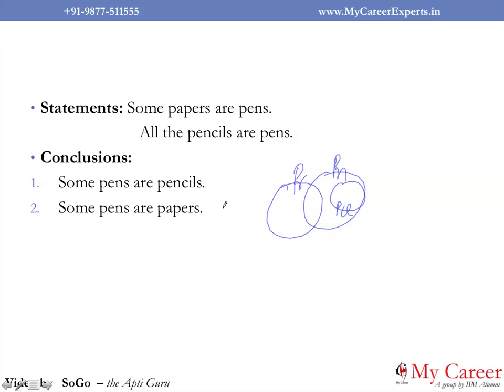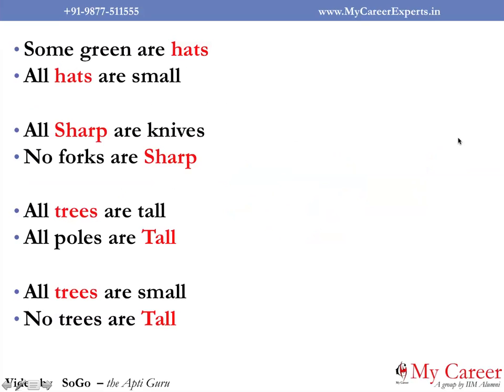So pens and paper, we have a relation. Some pens are paper, yes. Some pens are pencil, yes. So from here we have both the conclusions. The author is not asking us about paper and pencil, so we will not do anything about it. My answer has to be E, because both the conclusions follow.